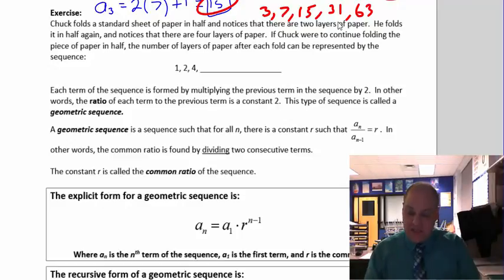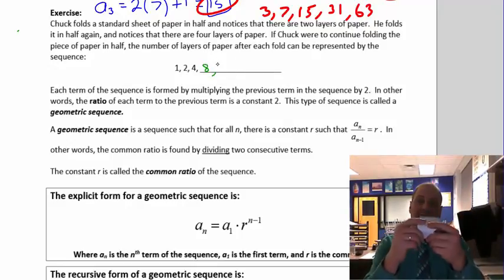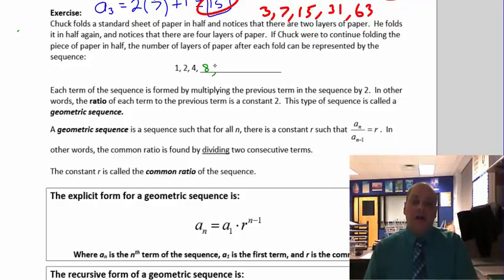So as you can see what's happening now, let me go to green here. The sequence goes 1, 2, 4, then 8. Then what happens when you take the 8 and fold it in half again? There are now 16 layers, then 32, and then 64, and so on and so forth.